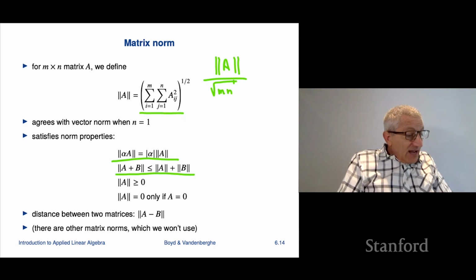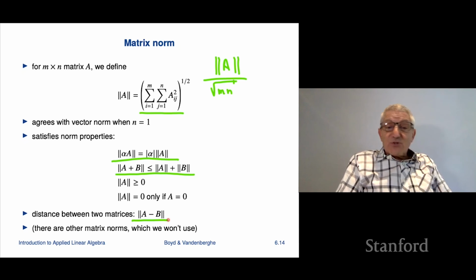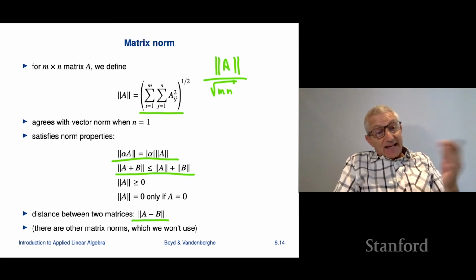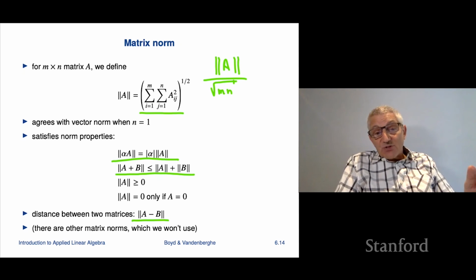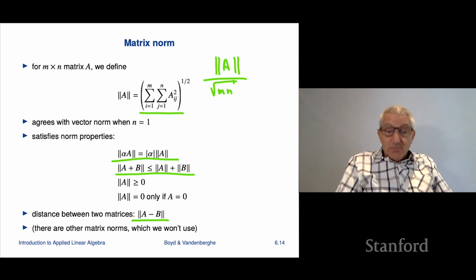One cool thing is I now have a distance between two matrices. I could have the rainfall at 10 locations over a year, and I'd represent it as a 10 by 365 matrix. We talked about that. So I could have a matrix A, which is the 2015 rainfall, and a matrix B, which is the 2014 rainfall matrix.